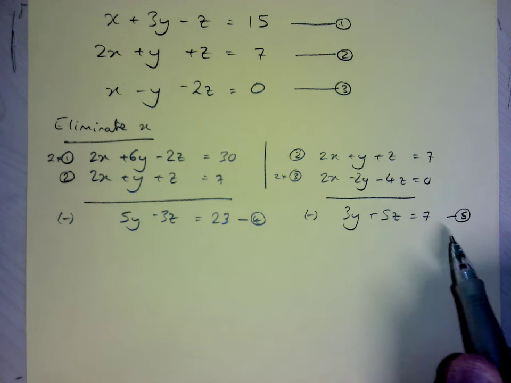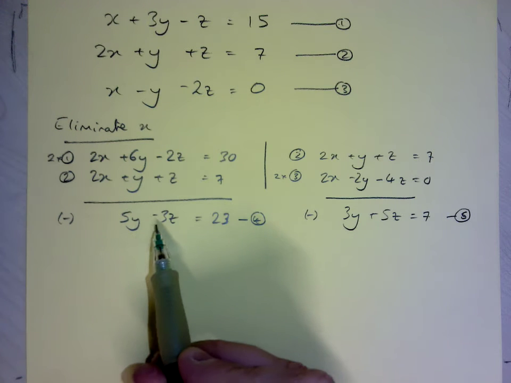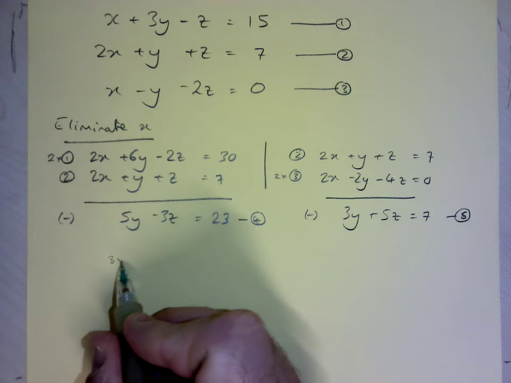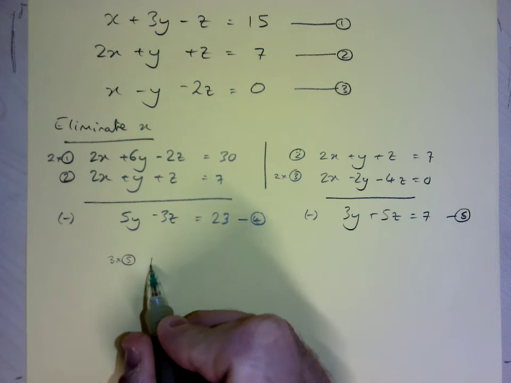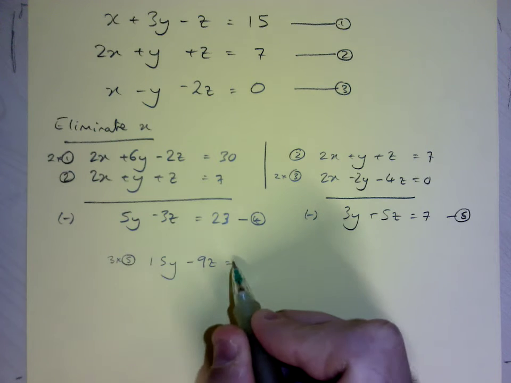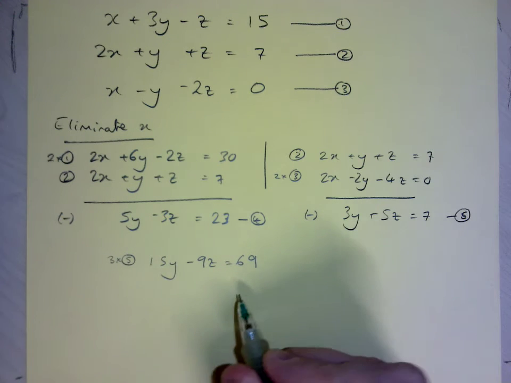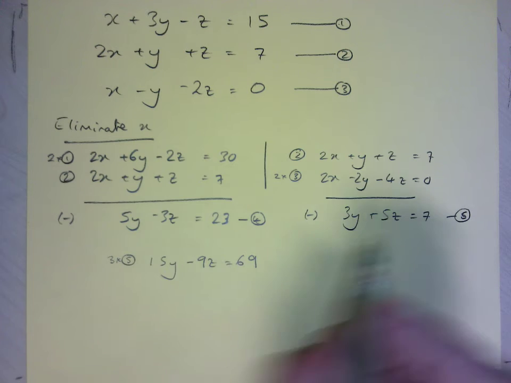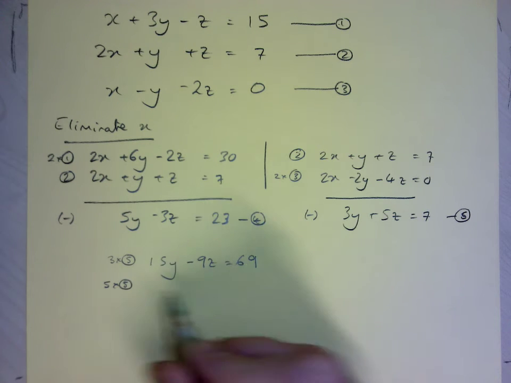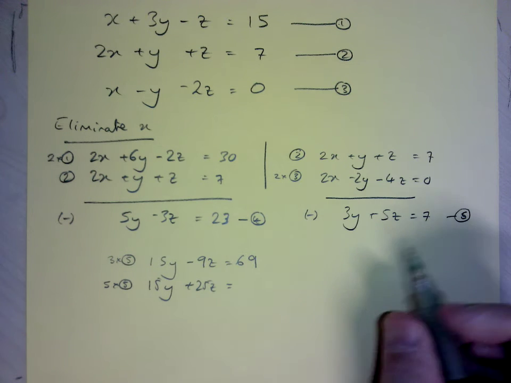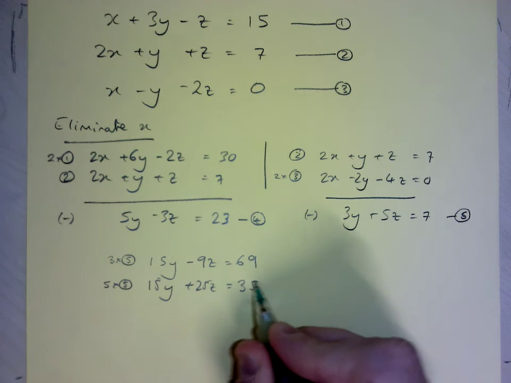So let's go. I need to make either the y's or the z's match. So let's make the y's match. I'm going to take 3 lots of equation 4, which is going to be 15y minus 9z is 69. And then I'm going to take 5 lots of equation 5. 5 lots of equation 5 gives me 15y plus 25z is equal to 5 7's, 35.